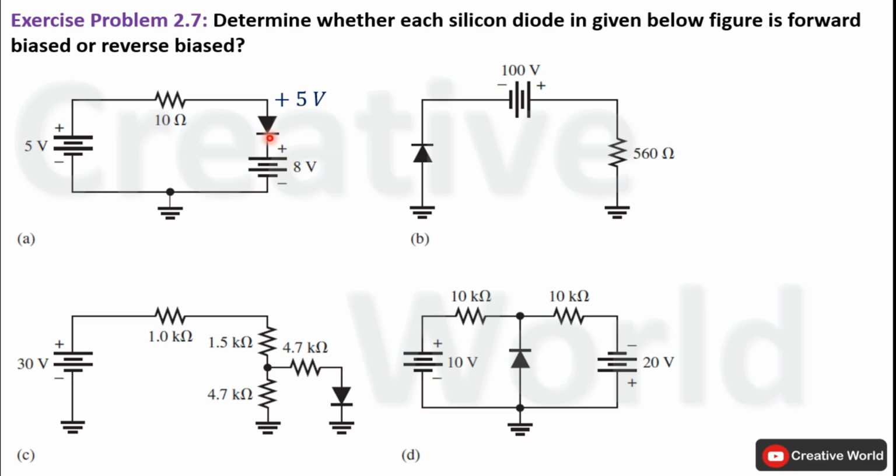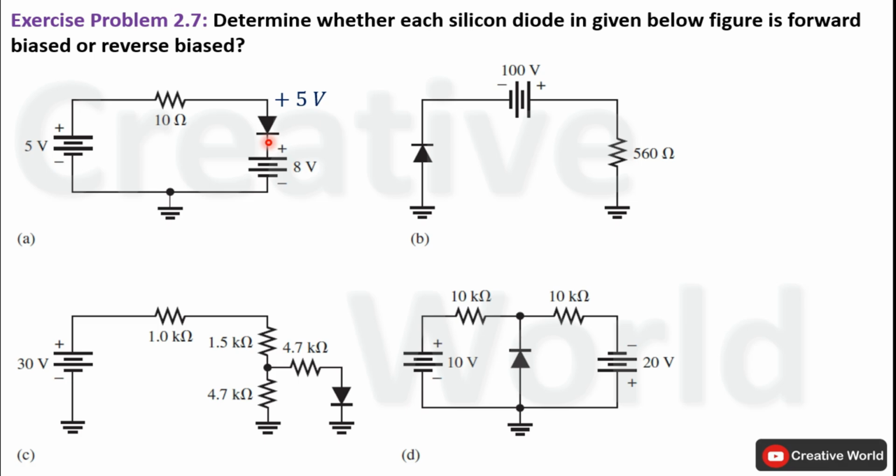Second condition states that the potential difference between anode and cathode of any diode should be larger than the potential barrier of that diode. In case of a silicon diode, this potential difference should be larger than 0.7 volt. Third condition states that the anode voltage should be higher than the cathode voltage.